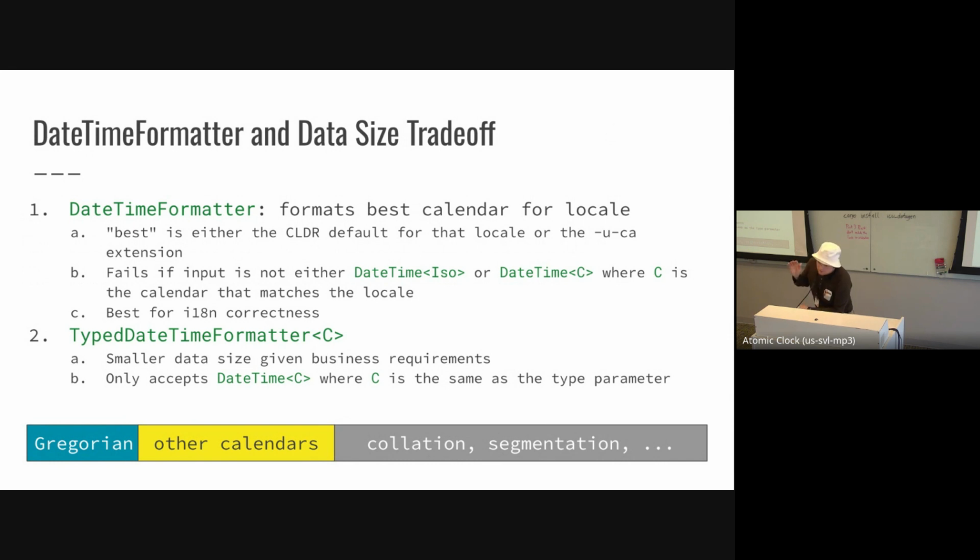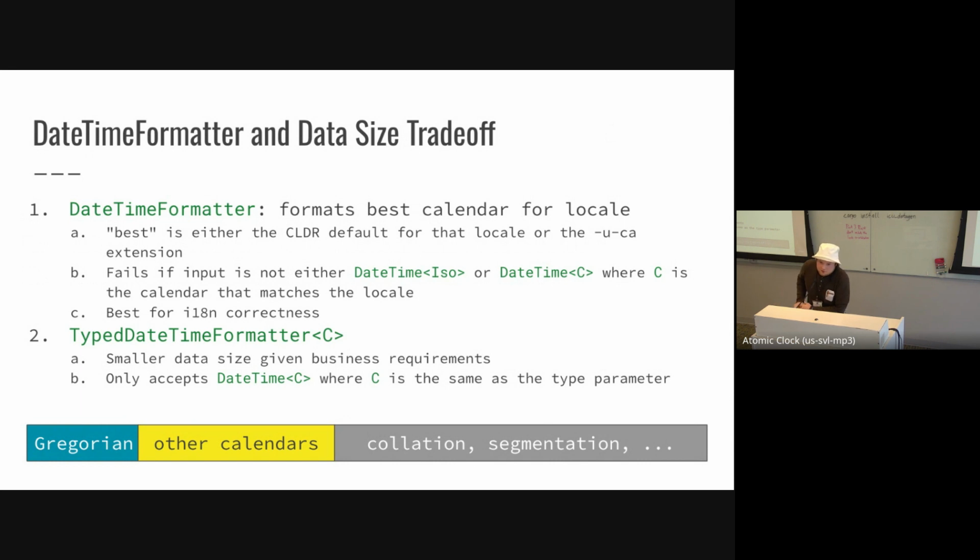If you build your blob using just the keys that are generated for your binary, and you're using datetime formatter, you'll get the blue and the yellow parts, which is Gregorian and all other calendars, which is still significantly smaller than full data. And again, this is just one command line you can run in ICU4X. It's taken a lot of engineering time to actually make this work, and it works. It's super easy to get to this sliced form.